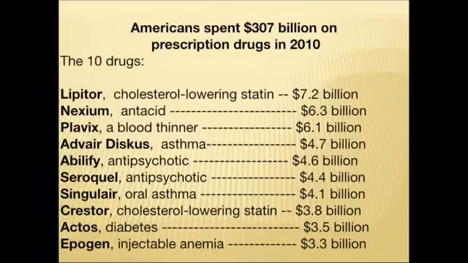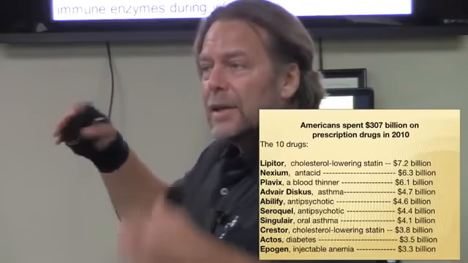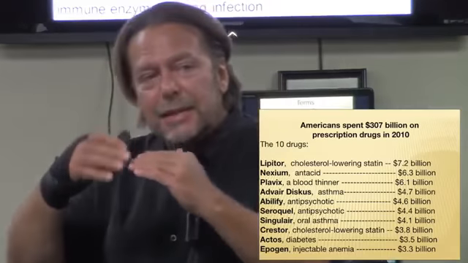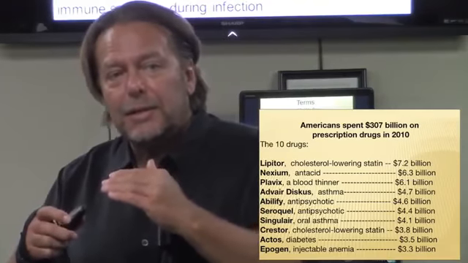Now, this is the sickest society the world's ever seen. I know I've said that before, but we really have to stop and correct this problem. These are the top selling drugs in America. So when we go back to this, pH, oxidation, this is how your body lives and breathes.